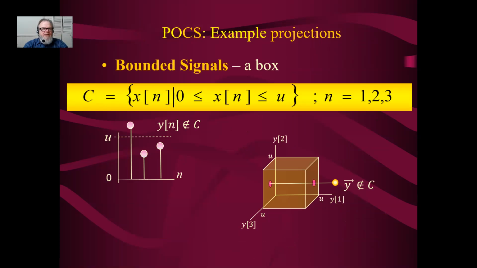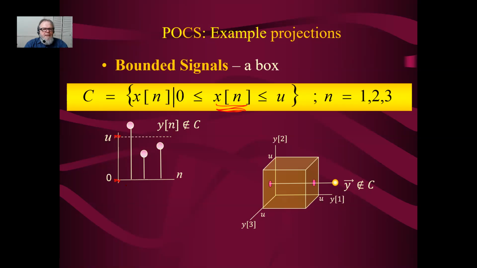So let's take a look at some examples, revisiting the convex sets that we've already seen. Look at some examples of projections onto convex sets. Say, for example, the signal x sub n lies between 0 and u.